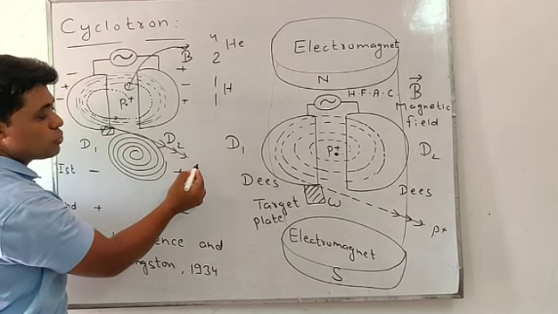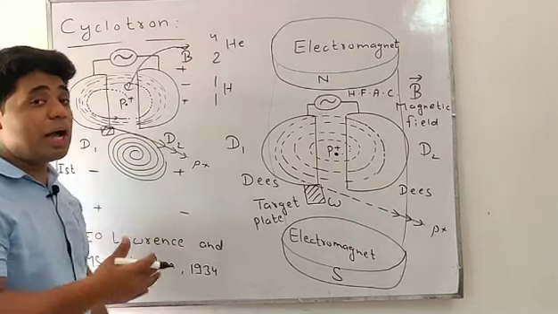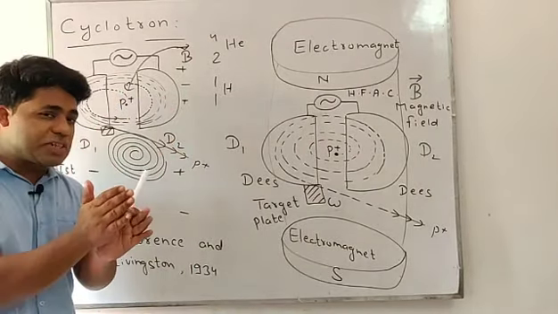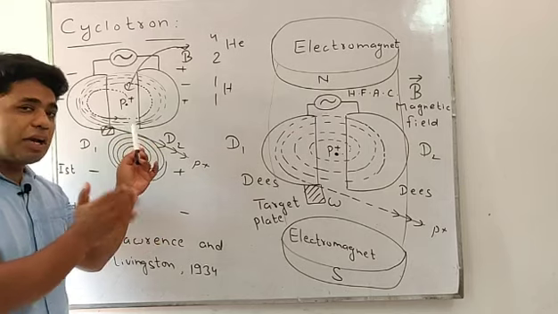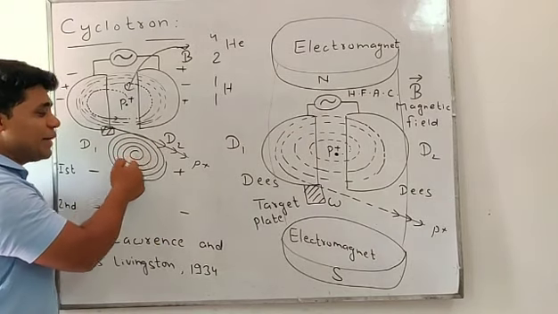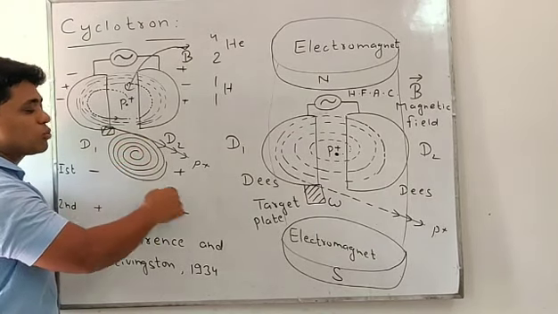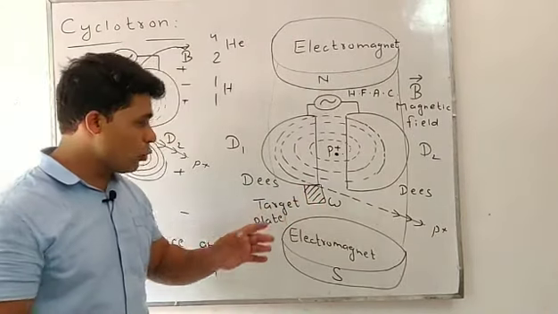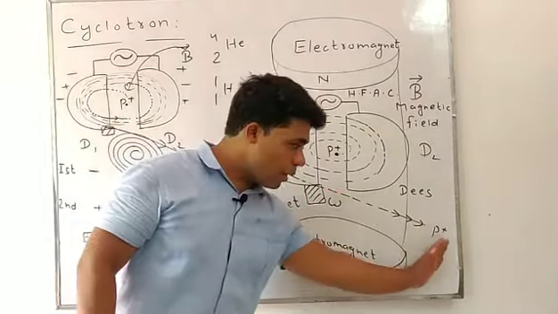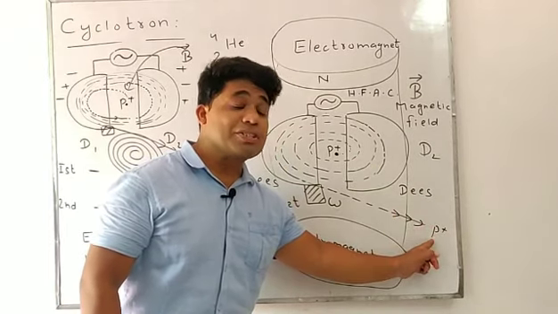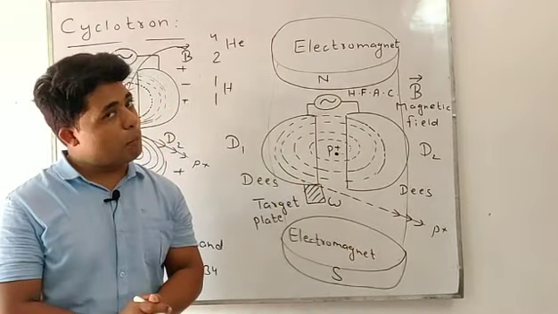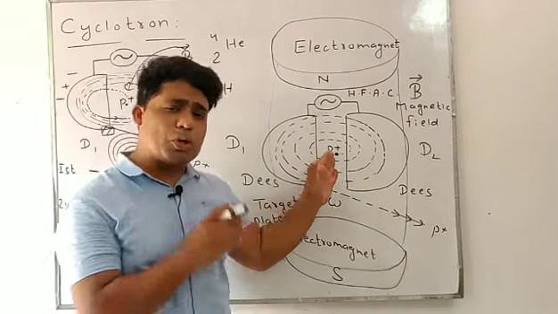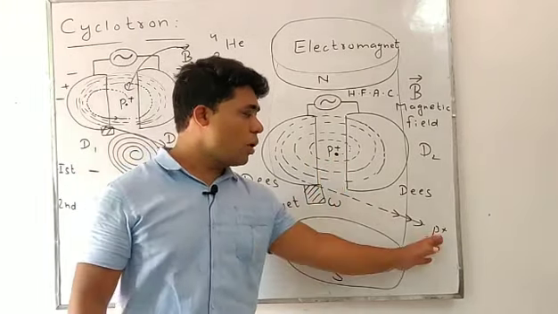It comes outside as a high energy charged particle. That is why it is said to be the target plate, and finally we collect this high energy proton with the help of a collector. In this way we can accelerate any positively charged particle from lower to higher energy.